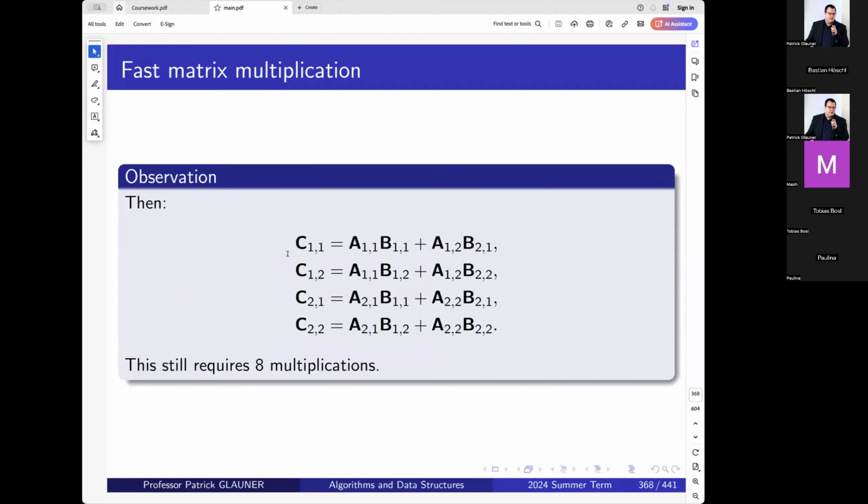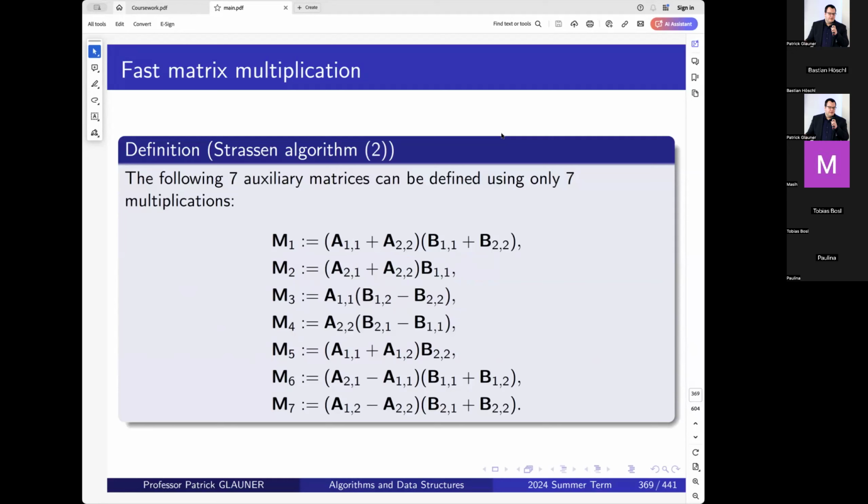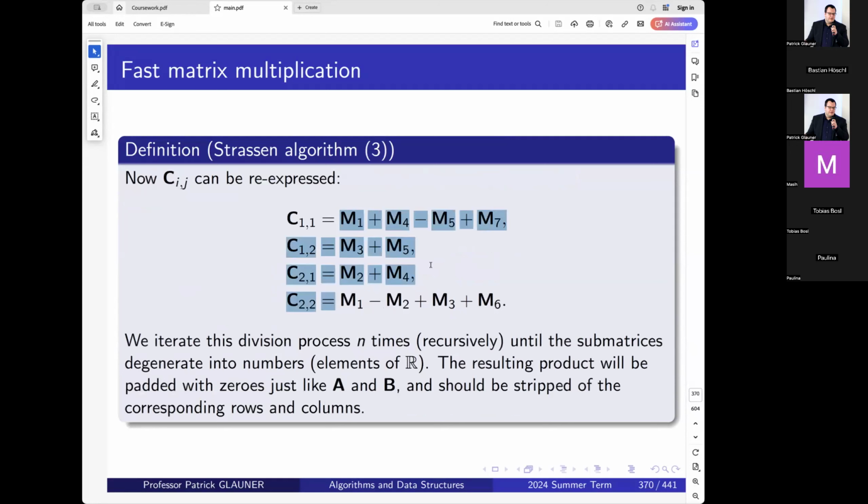My goal was actually to compute these C's, not these auxiliary ones, but for the auxiliary ones, I only have 7 multiplications. And then I can use additions and subtractions of these auxiliary ones to calculate my C11 to C22. So I introduce more additions, but I have fewer multiplications.